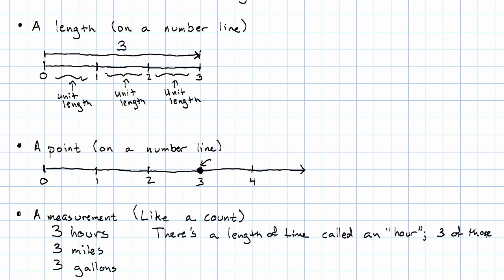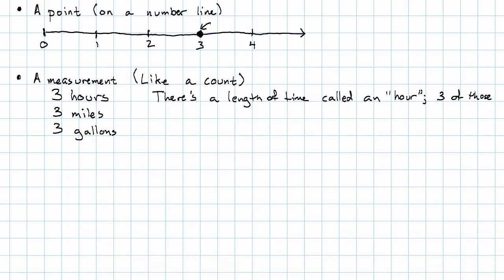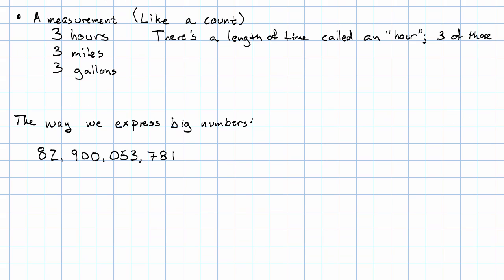Okay. Now, I also want to say just a few words about the way that we write numbers and the way that we understand the way that we write numbers. Let me write down a big number. So here's a really big number. How would we say its name? Let's see. We have these commas here, grouping every 3 digits. This group will be the units.